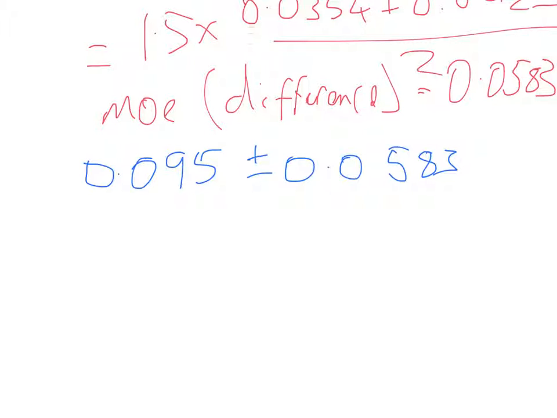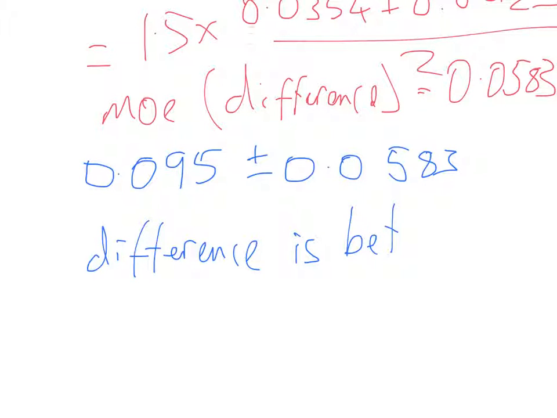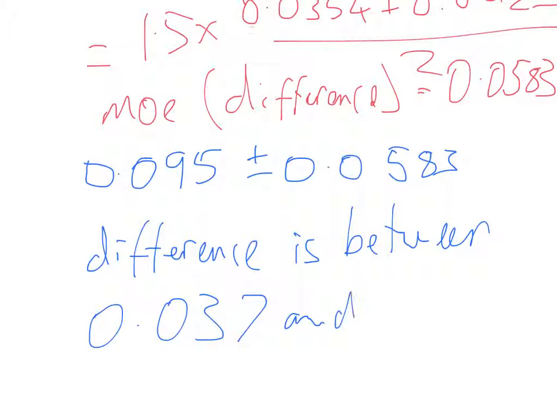Which means that our difference is between 0.037 and 0.153.